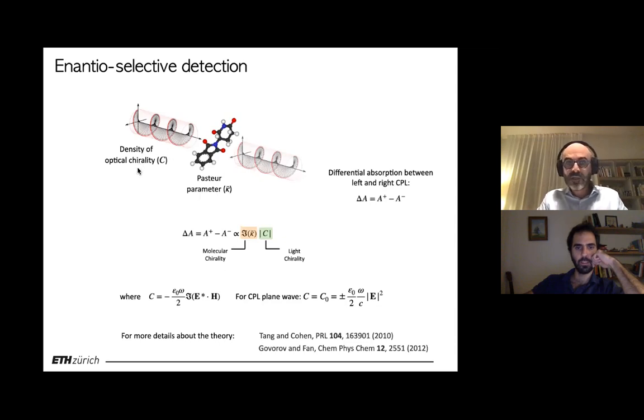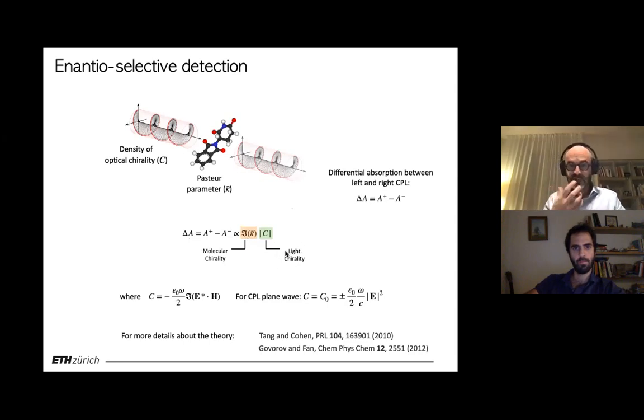It is illuminated by chiral light, and the way to quantify the chirality of the light is what is called the density of optical chirality, C. Eventually, you can show that the differential absorption I mentioned before, in a CD measurement, is proportional to the product of the chirality of the molecule and the chirality of the incident light.